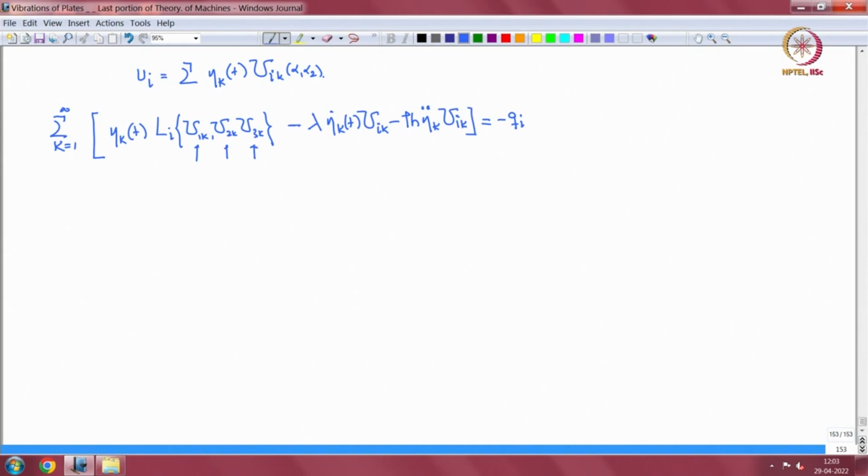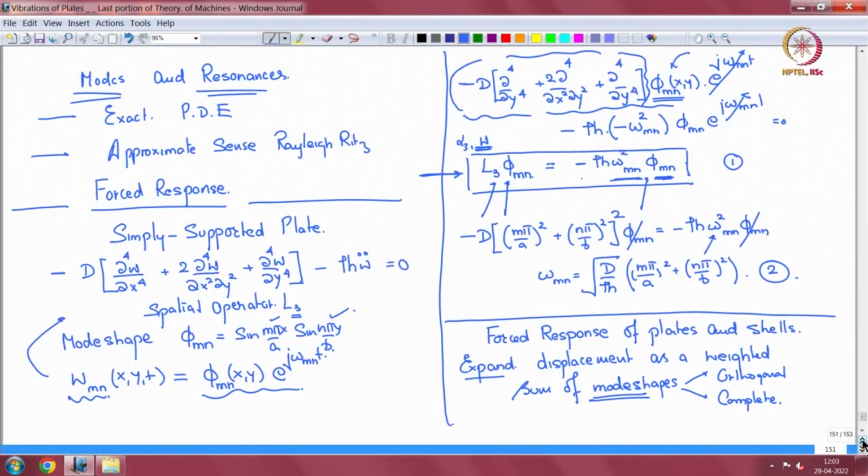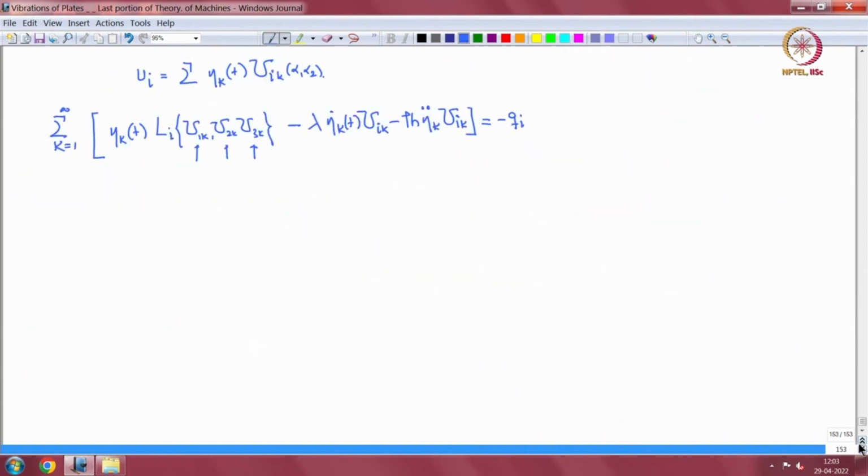Okay, and u_1k, u_2k, u_3k are the mode shape components. And what did we say last time? Right here, this L3 phi_mn gives me minus rho h omega_mn squared into phi_mn, okay. So here, L_i operating on u_1k, u_2k, u_3k will give me minus rho h omega_k squared u_ik. This is important.